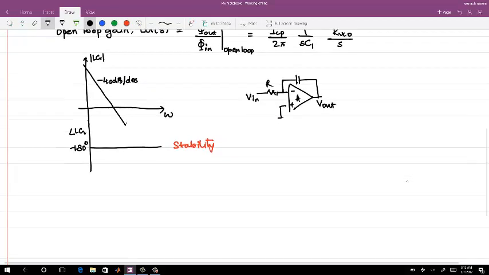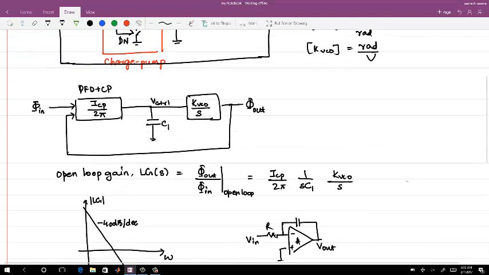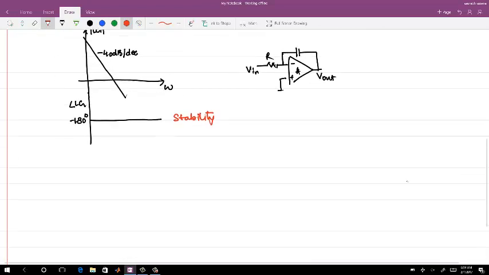Okay. So now since stability is a concern, we need to add a proportional path somehow, or add a zero in the loop to stabilize it. Now that zero can be easily inserted with a resistor here, R1 if you want to call it. What happens? Let's see.